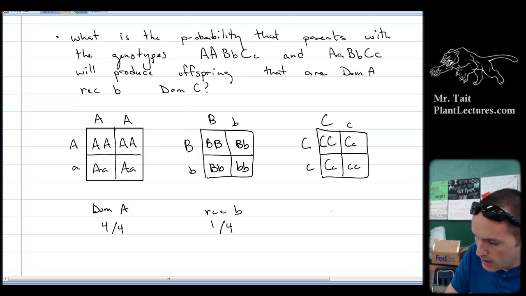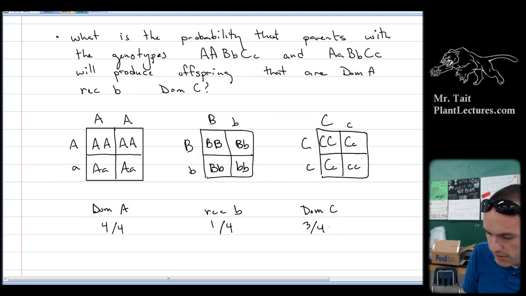And then dominant for C, 3 out of 4. So we got 4 times 1 times 3 is 12. 4 times 4 is 16 times 4 is 64. 12/64 would be that probability.